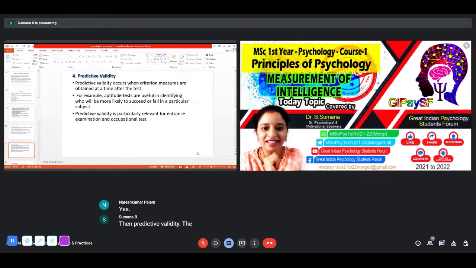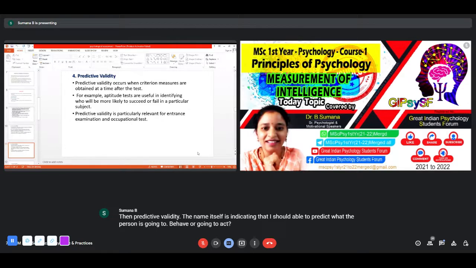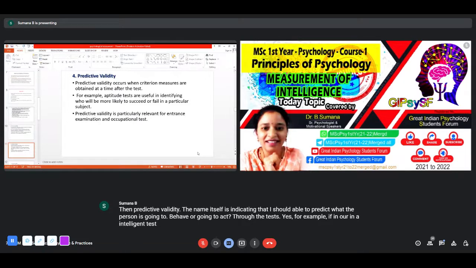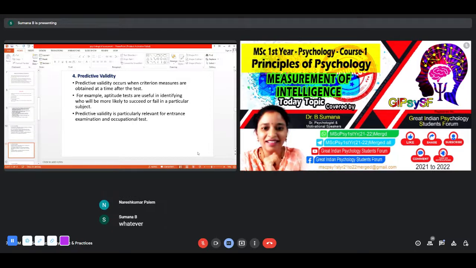Then predictive validity. The name itself indicates that I should be able to predict how the person is going to behave or act through the tests. For example, if in an intelligence test a person scored above average intellectual ability, I can predict his behavior, like whatever decisions he takes, these decisions correlate with his intellectual ability.